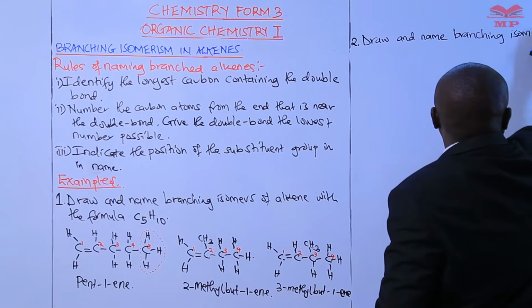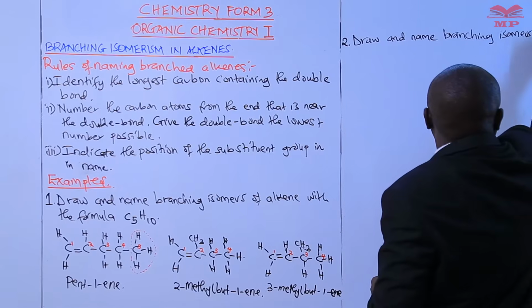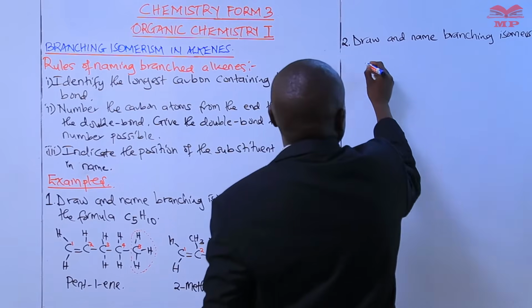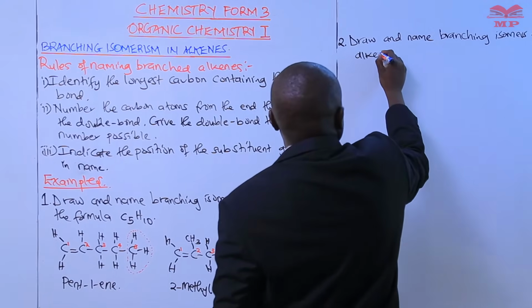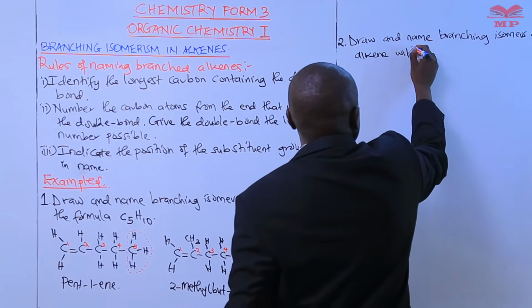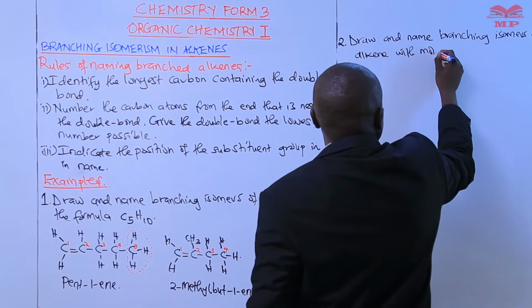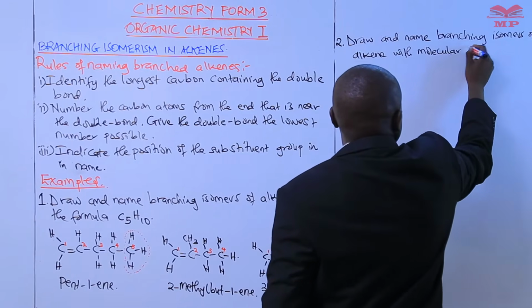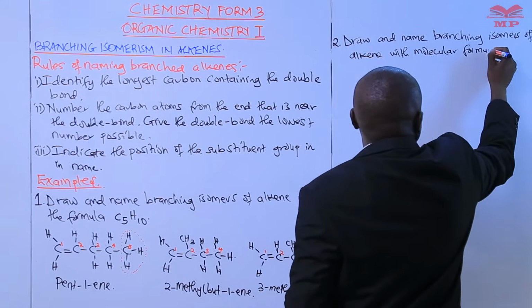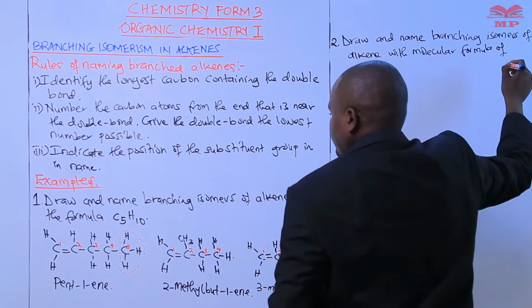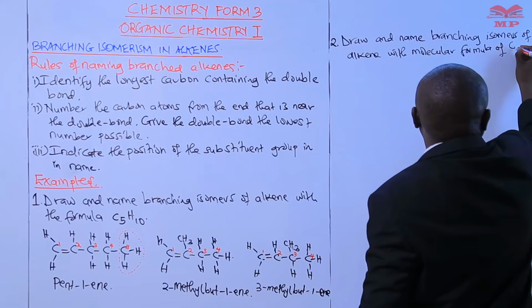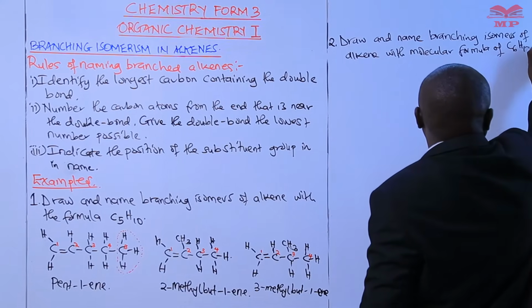Draw and name branching isomers of alkene with molecular formula of C6H12.